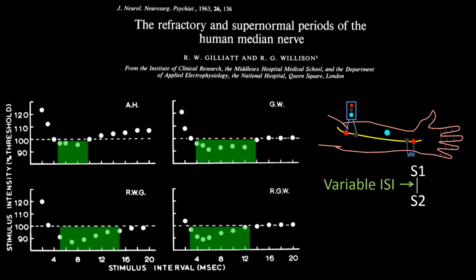During it, less stimulus intensity was required to trigger a second wave than it was required to trigger the first wave. This period started at 2.5 to 3.5 milliseconds after the first stimulus and usually lasted for 10 to 20 milliseconds. It was maximal from 5 to 8 milliseconds after the distal stimulus.